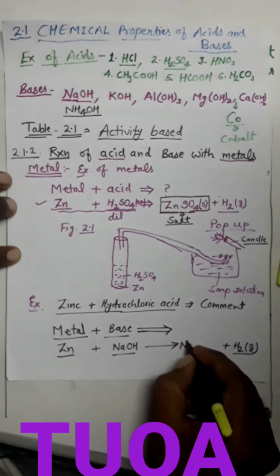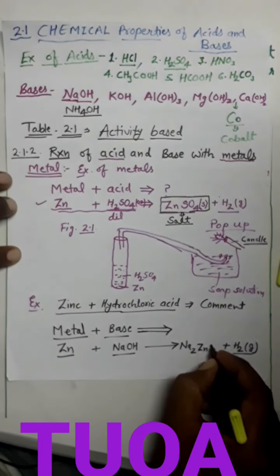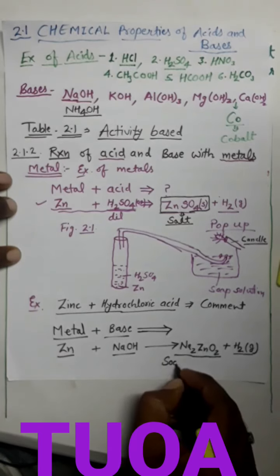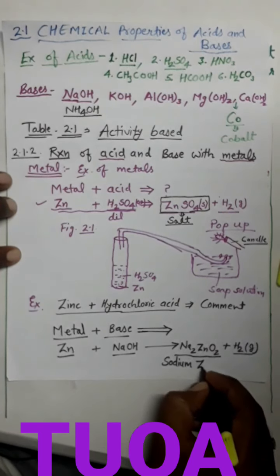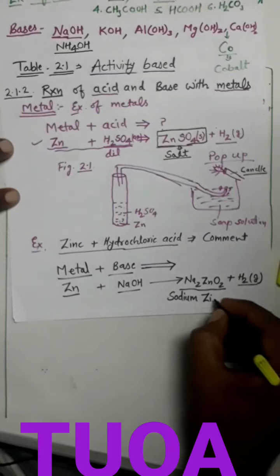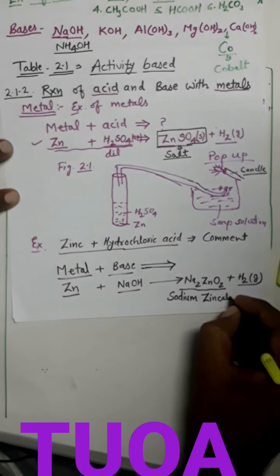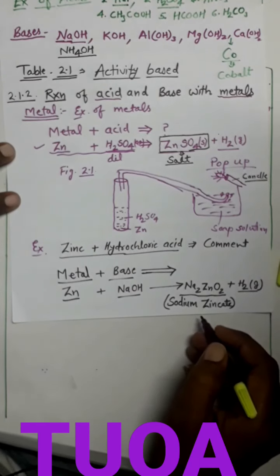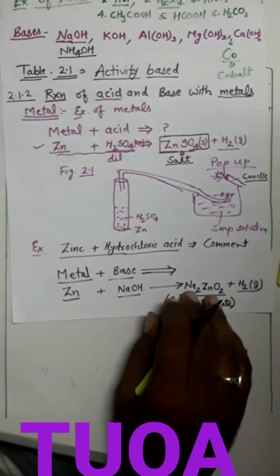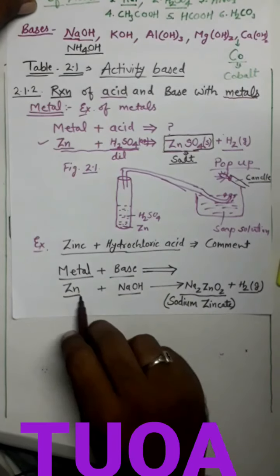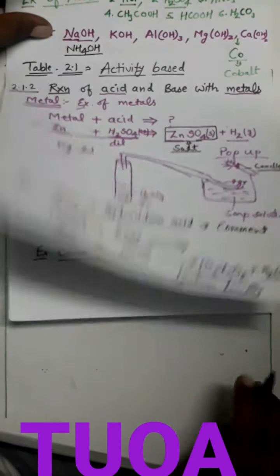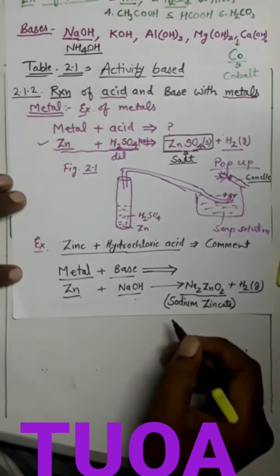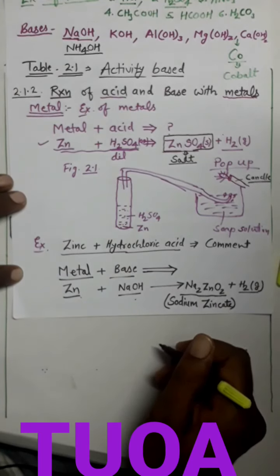What is the other product formed in this reaction? That is sodium zincate. The chemical name of this compound is very important: sodium zincate. So this is the reaction of zinc with sodium hydroxide, which we will be discussing in more detail in the next lectures.